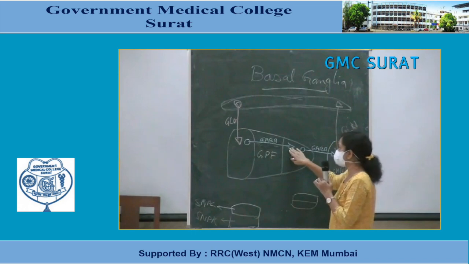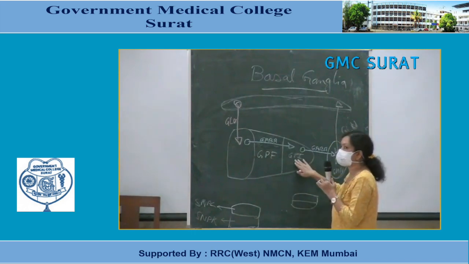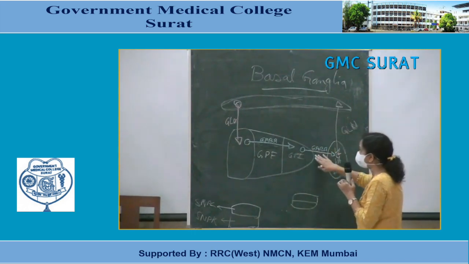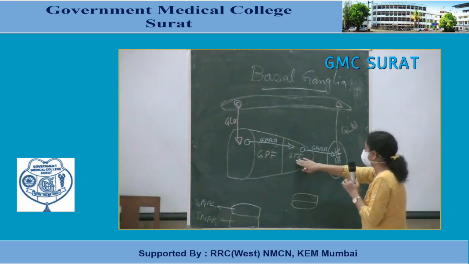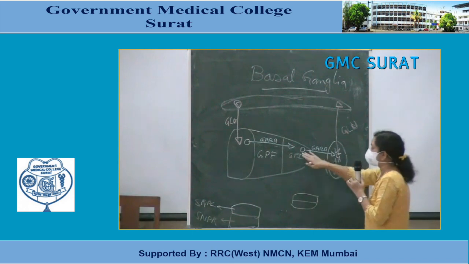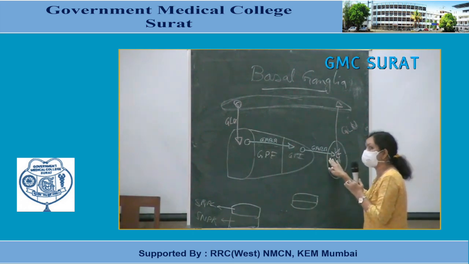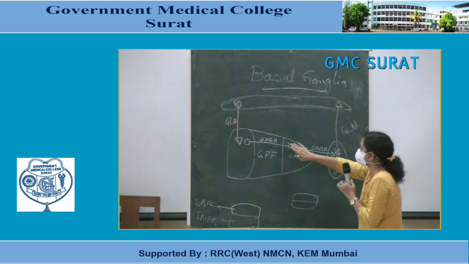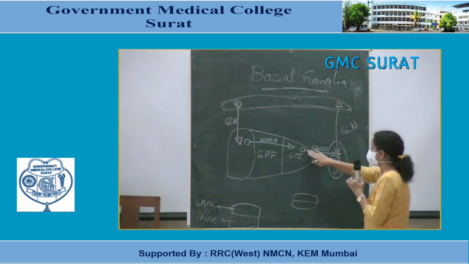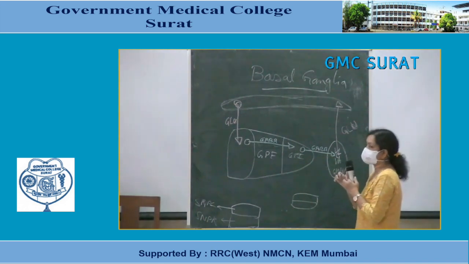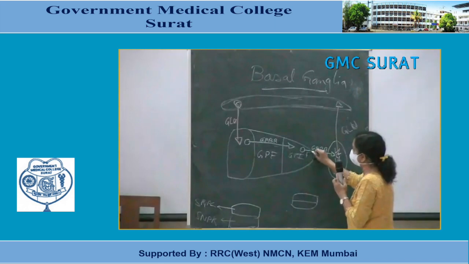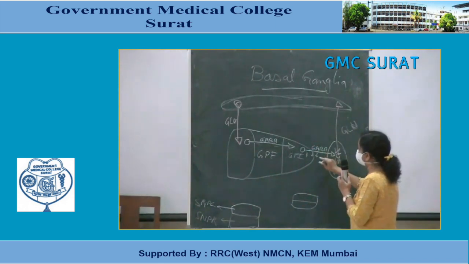If more GABA is secreted in the globus pallidus internus, the pallidothalamic fibers will be inhibited. Why? Because more GABA is there. So if these fibers are inhibited, their firing rate is reduced.